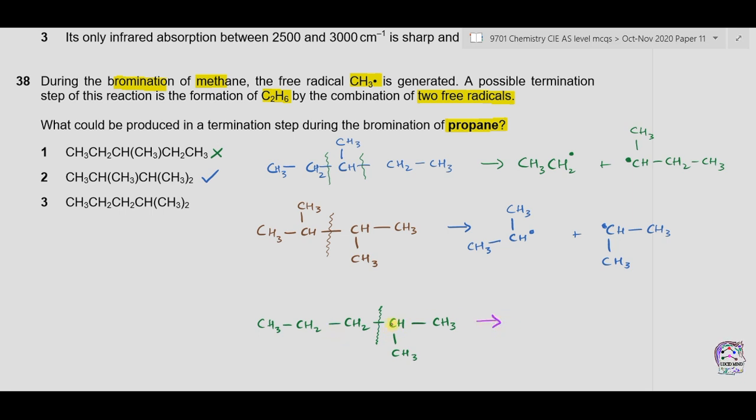The radicals responsible for this compound could be CH3, CH2, CH2, and CH. As both radicals are of 3 carbon atoms, so 3 is also correct. As option 2 and 3 are correct, therefore answer is C.